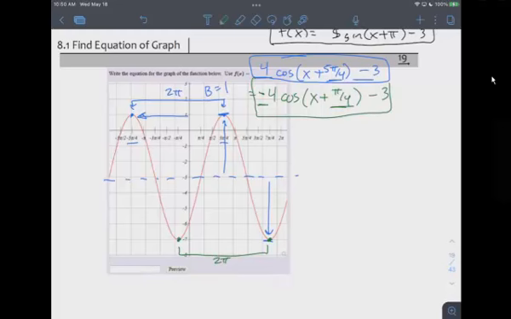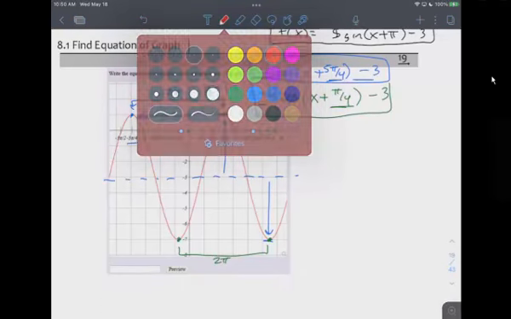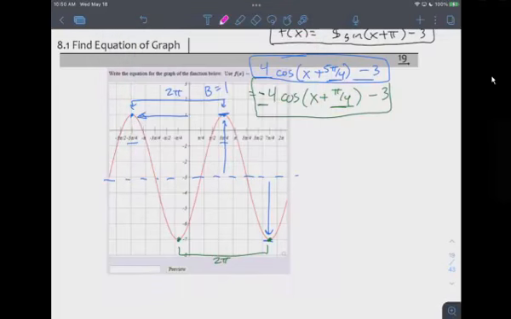Okay, what if you found it in terms of sine? So in terms of sine, we're looking at this point. Now, when I start to look at that, it would have to come all the way here, and I don't see where that intersects. So I'm going to go to this intersection, and it's going to cycle one time through here.